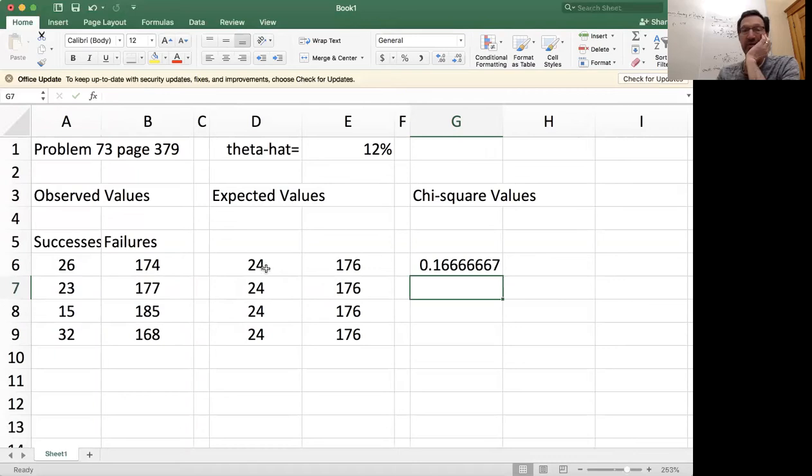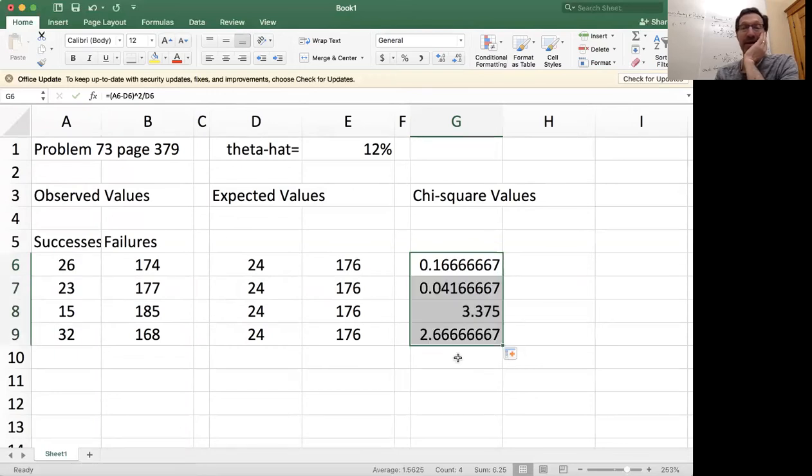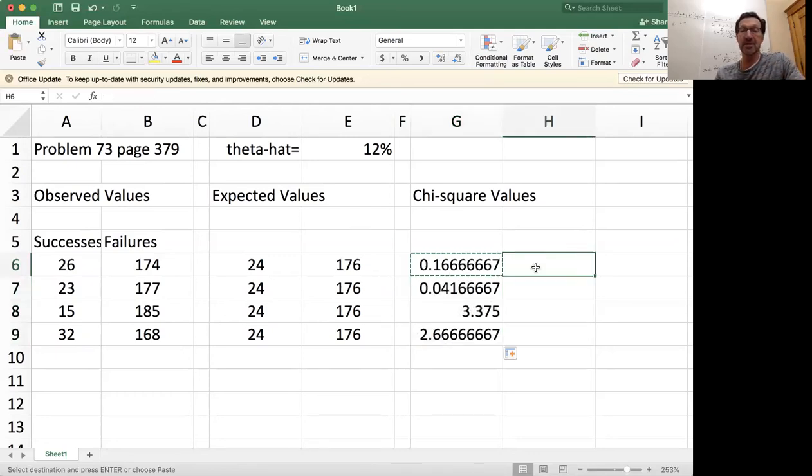That gives us no evidence whatsoever. And notice the chi-square is a tiny little number. That's good. Now let's copy that guy down. You can see the most extreme case contributes the most to our chi-square, 3.375. I think I can copy this formula over, and it will change all the references. Yeah, it moved us over to column B. Perfect. And so I can just copy that thing down.